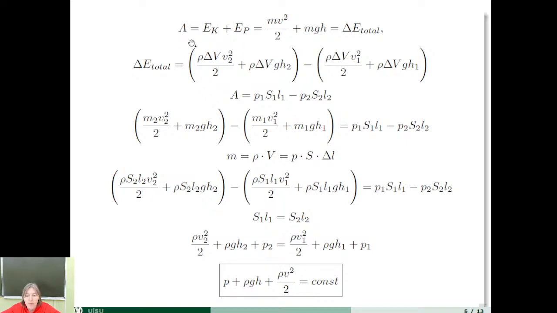This work is delta energy. We write down here, and this work we write down here. And we remember that mass is a product of density and volume, but the volume is an area multiplied by distance or displacement.